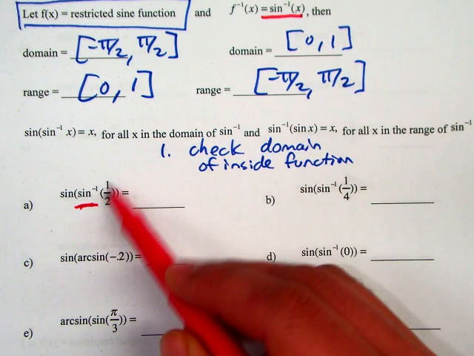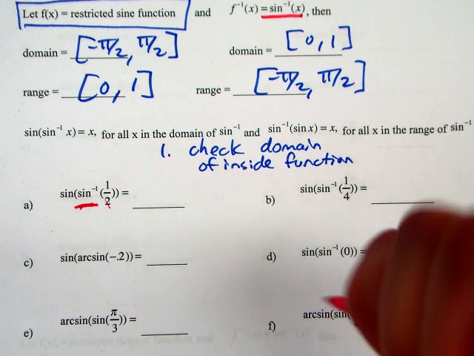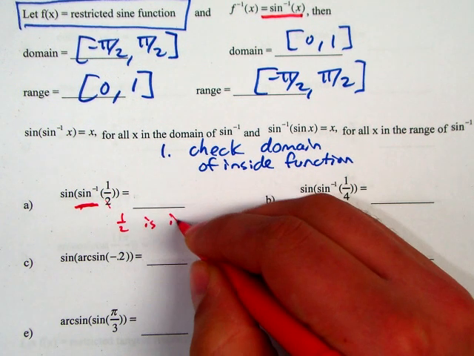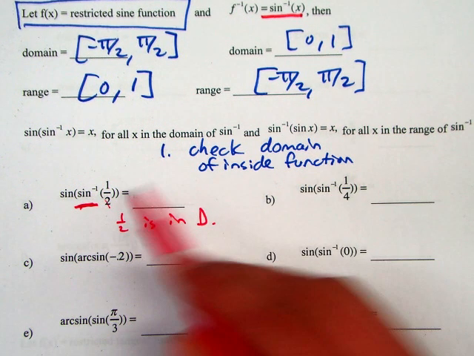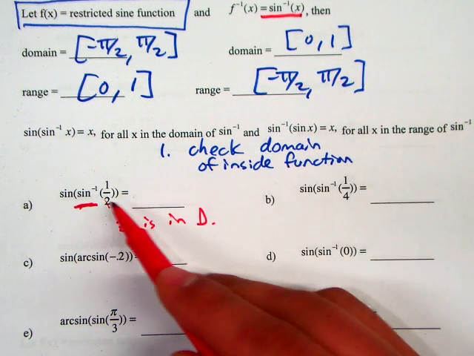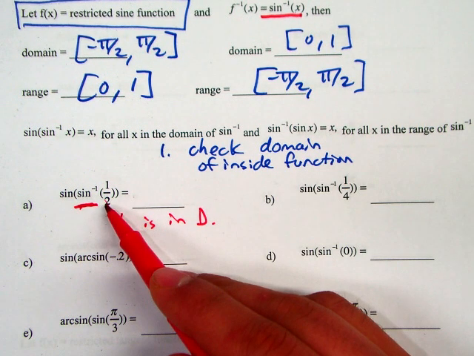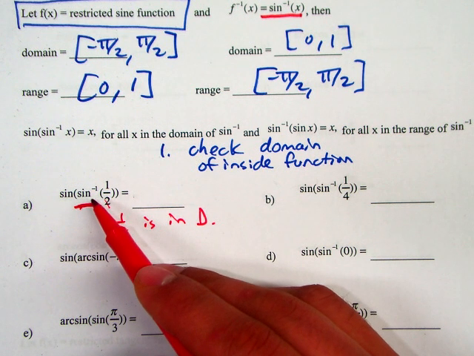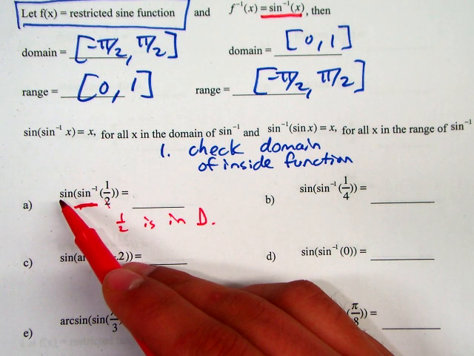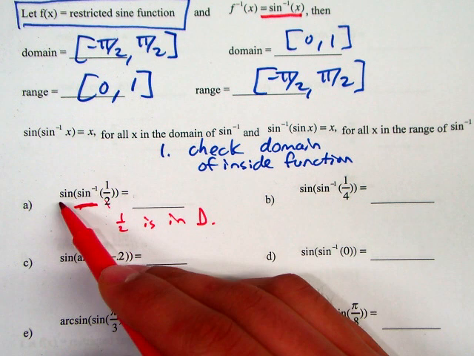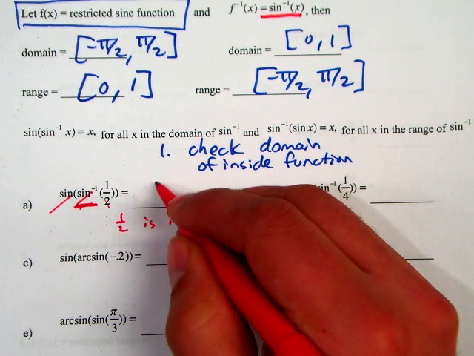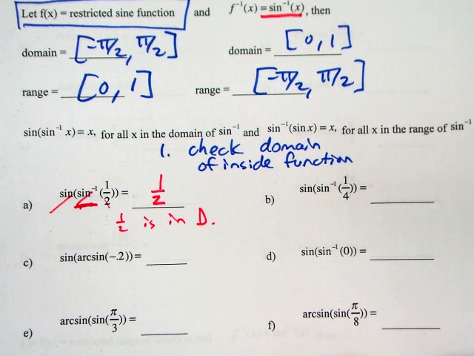And we notice that 1/2 is in the domain, because it's between 0 and 1. Whenever this number is in the domain of the inner function, as long as we're doing the opposite function on the outside, these will cancel out just like we want them to, and the answer is easy. We just get 1/2.